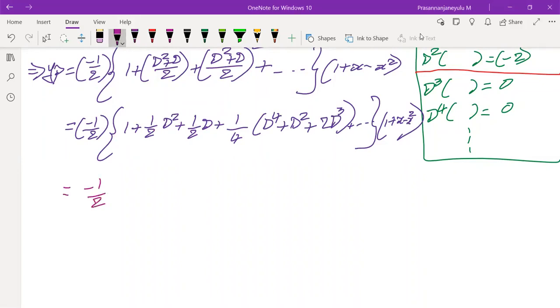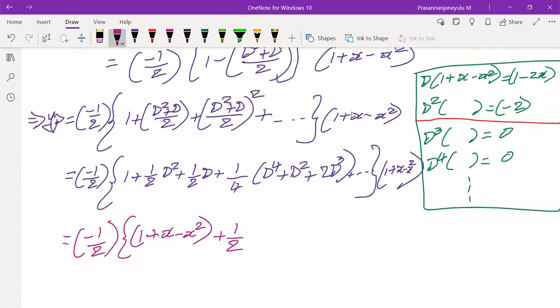So I'm writing directly minus 1 by 2 of, what is that? 1 into 1 plus x minus x square, so it will become 1 plus x minus x square. This is only the first term. Plus 1 by 2 into, here what we discussed, D square of 1 plus x minus x square. What is the D square of that?